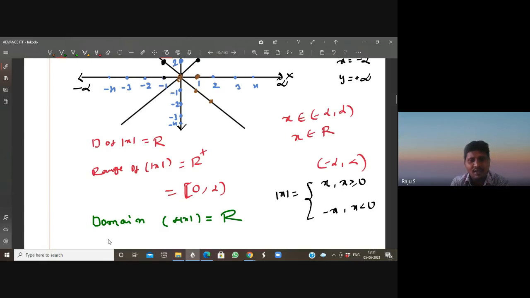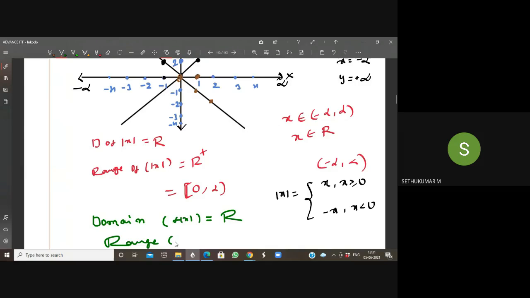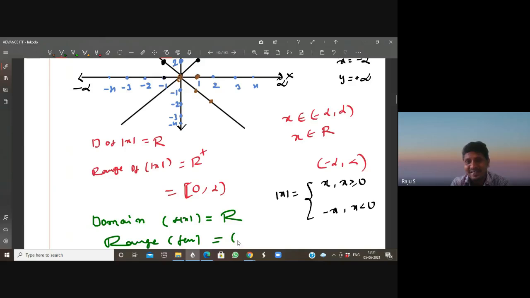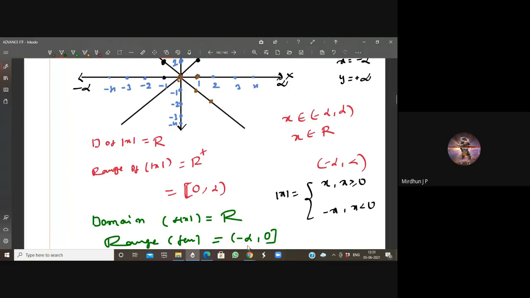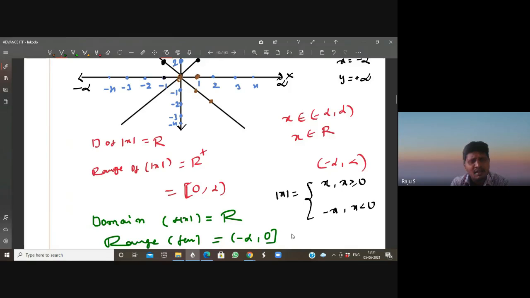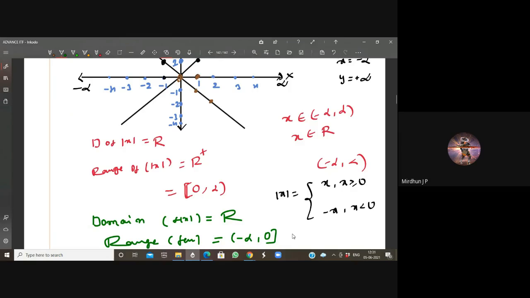Now, in the same way, what is the range? Sir, minus infinity to 0. Minus infinity till 0, along with 0. Sir, we can write R minus also. The range is equal to R minus.